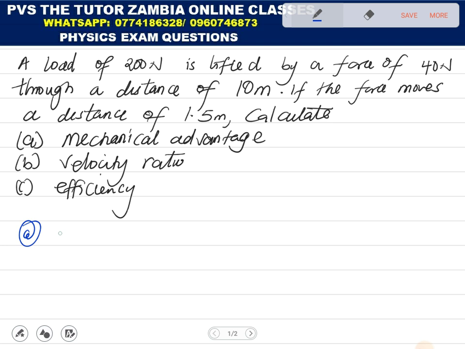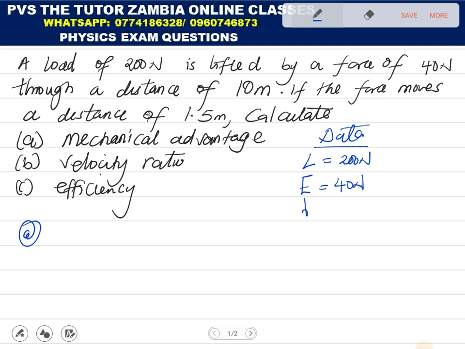So let's get our data first. The first one that we have is the load. Let's call it L, 200 newtons. The effort is 40 because that is what is lifting.